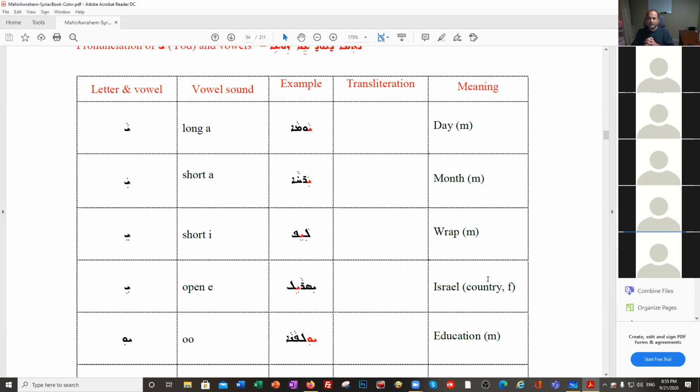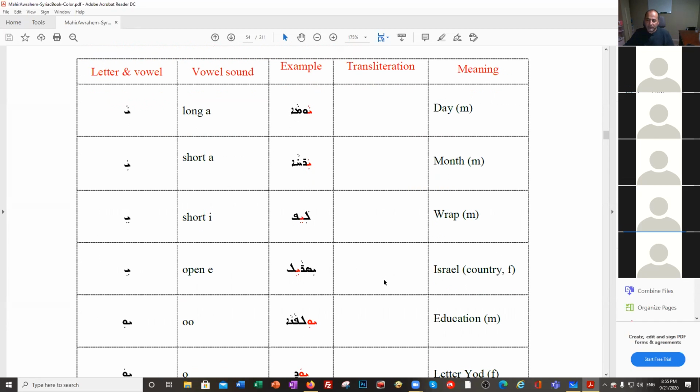Ye, Israel. Here you go, guys. Another exception, like I mentioned before. Usually, a word in Surit does not start with a vowel. Again, a word in Surit does not start with a vowel. It has to be a letter, which may or may not have a vowel. So, it does not start with a vowel, with some exceptions. Isha, Israel.